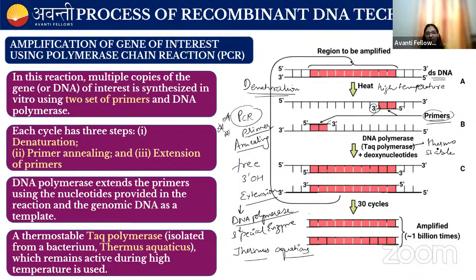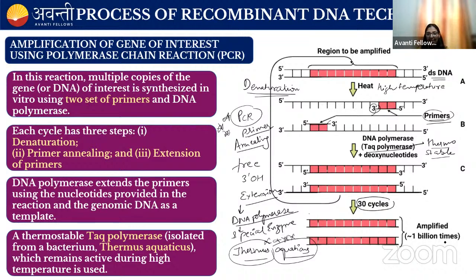This Taq polymerase, which is a special type of DNA polymerase, is isolated from an organism, and the name of the organism is Thermus aquaticus. Remember the name of the organism from which Taq polymerase is isolated. It's very important. Taq polymerase is thermostable, so we are using Taq polymerase in PCR. The main function of Taq polymerase is polymerization, or keeping on adding nucleotides to the primer.